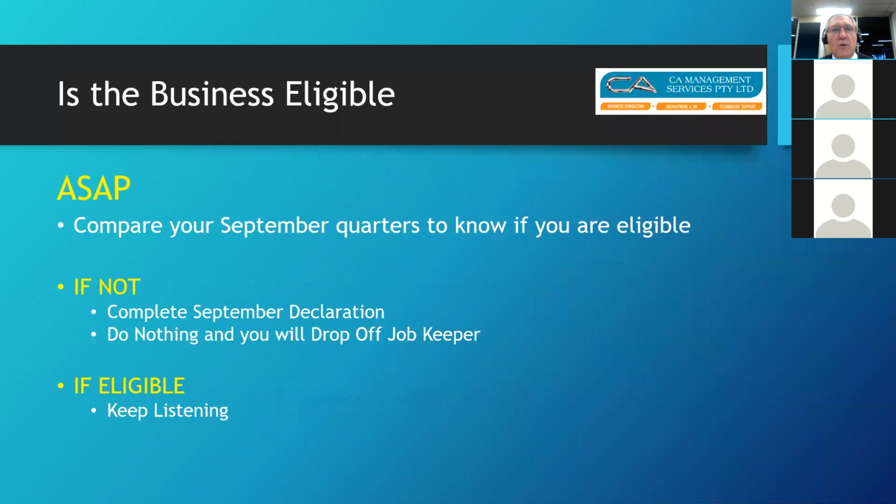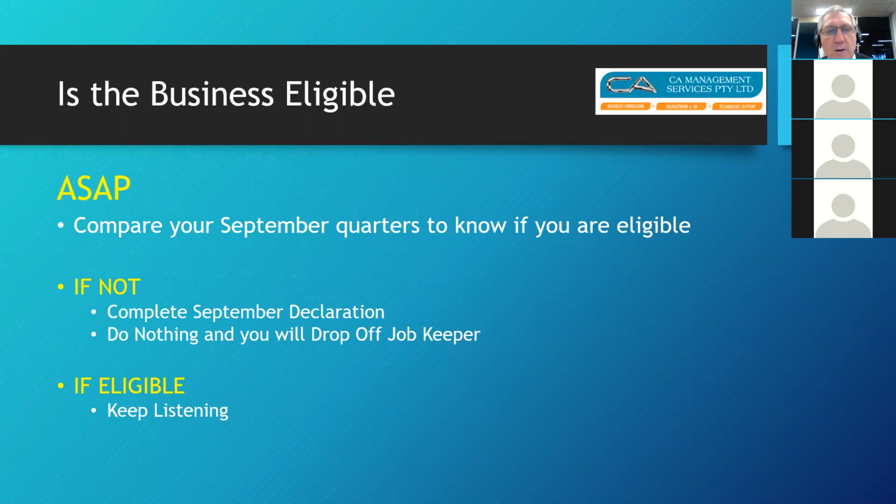The first thing is, if the business is eligible, you need to do the comparison of this quarter to last year's quarter, just to see if you are eligible. If you're not eligible, you just need to complete your September declaration and then do nothing, because you will automatically drop off receiving your JobKeeper.